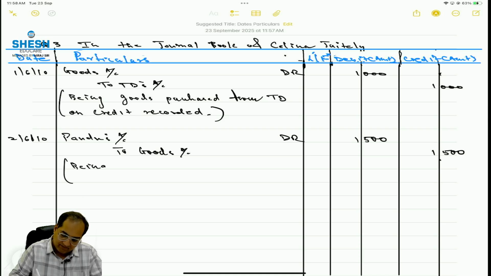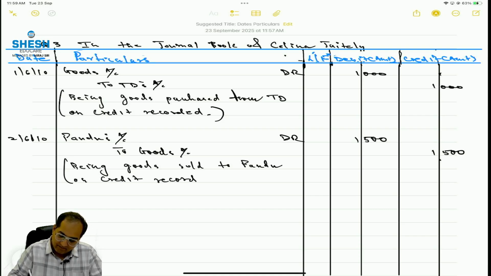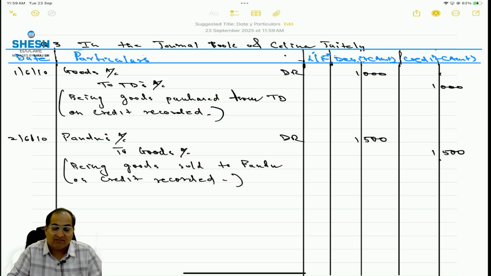Being goods sold to Pandu on credit recorded. With this, Pandu becomes my debtor. A debtor is a person to whom you sold goods on credit and the amount is receivable. So how much is receivable from Pandu? 1500.